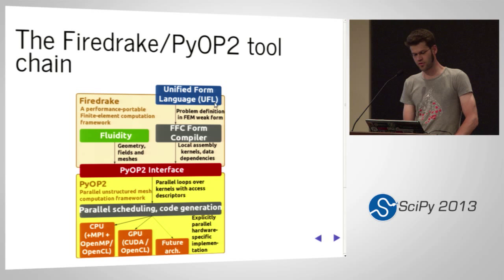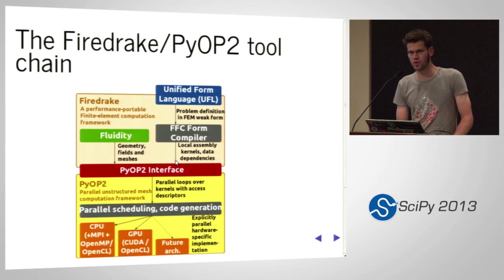So this is then how the entire toolchain looks. We've already seen UFL, which you use to specify a finite element problem, which is then passed to FFC. And FFC provides the kernel that we run for a parallel computation of a finite element problem. But we also need the data.